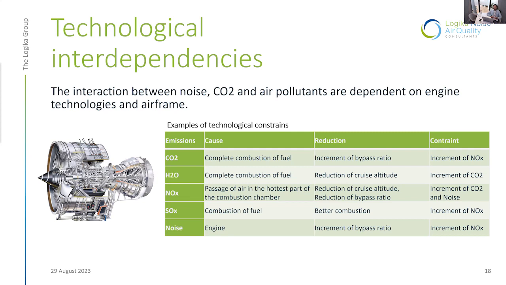As an example of these constraints, if we want to reduce CO2 by increasing the bypass ratio, and so have a better combustion of the fuel within the engine, it's possible to reduce the CO2, but the effect is an increment of NOx.